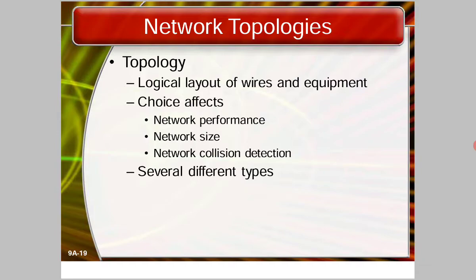So next is topologies, meaning network topology or network types. Topology means the logical layout of wires and equipment. So what is a topology? A topology is nothing but the logical design or layout of a network using cables and network equipment.